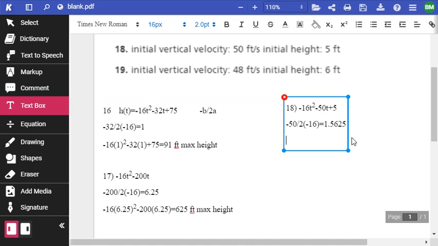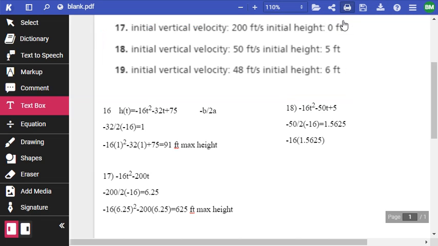Then I'm going to take that and plug it into my equation to find the y value, or my max height, or the y value of my vertex. So I plug in 1.5625. That is squared.